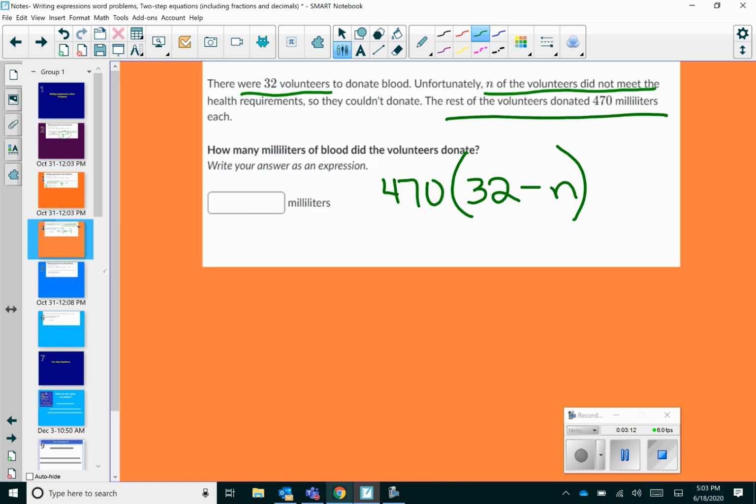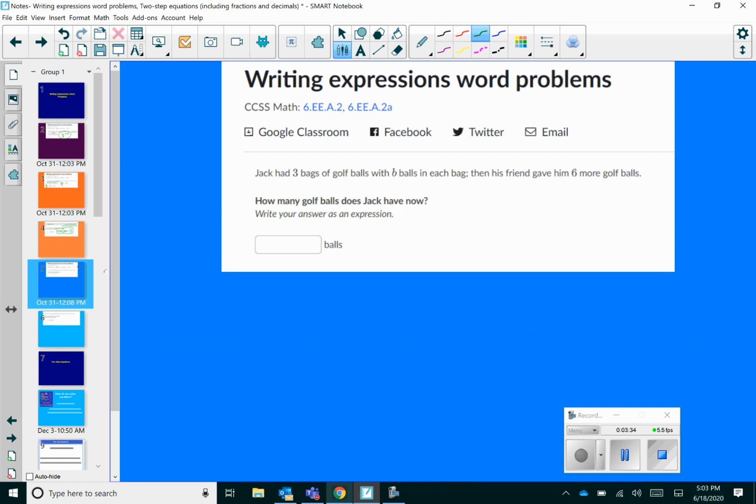470 milliliters each. So this one ends up becoming a distribution expression because the original amount that you started with was altered, and then that new number is the one that donated the 470 milliliters. So there is distribution involved in this problem. Let's try another one. Jack had 3 bags of golf balls with B balls in each bag.